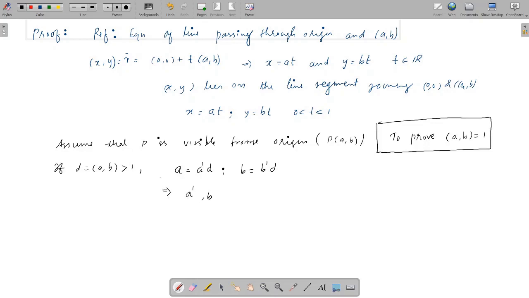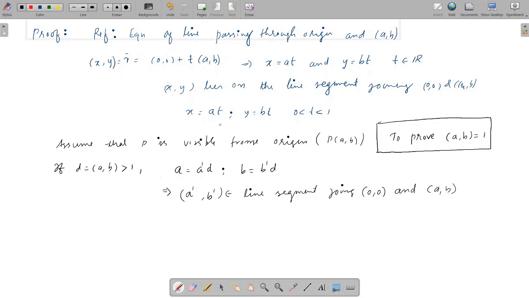So this implies that A prime comma B prime belongs to the line segment joining 0 0 and AB.